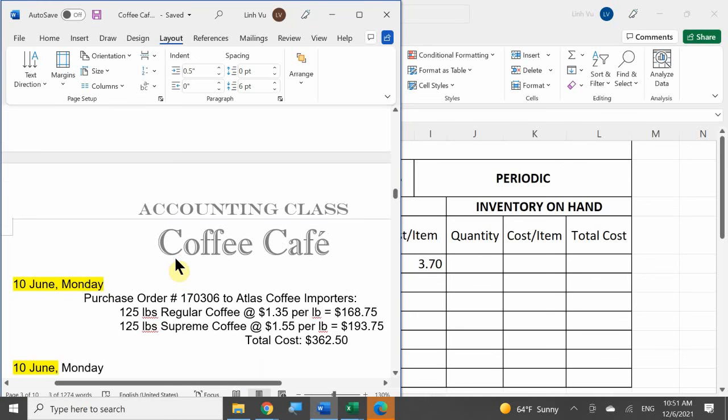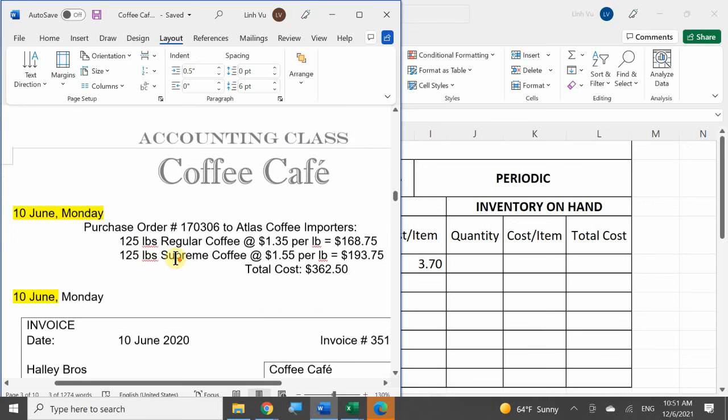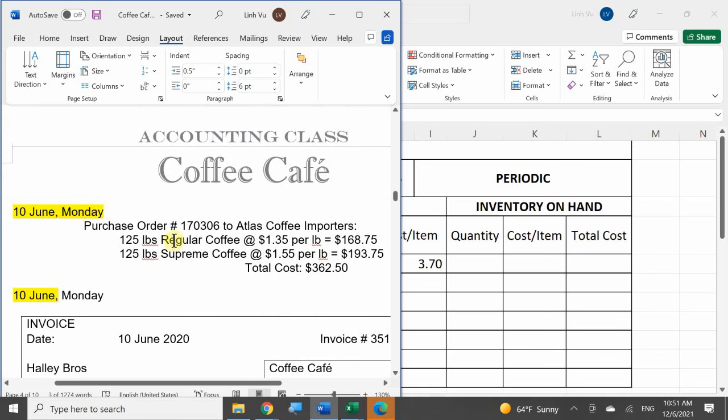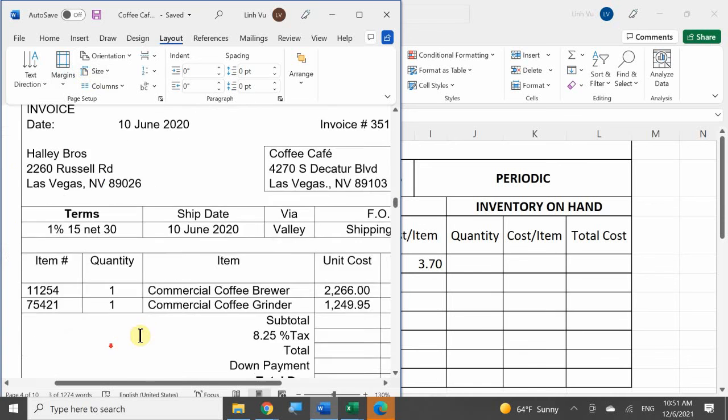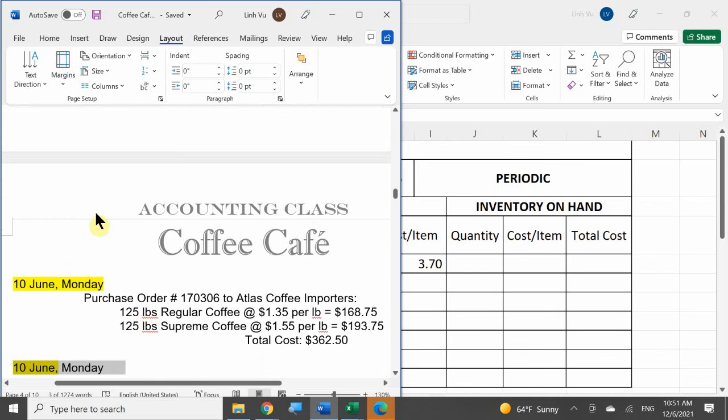So what we're going to do here is let's go ahead and enter this last transaction, and I think we're going to call it a day, and we'll continue on the rest of the scenario tomorrow, okay? So let's go ahead and start with this one right here. We did a purchase order for 3006 to Atlas Coffee Importers. So here we're buying inventory once again.